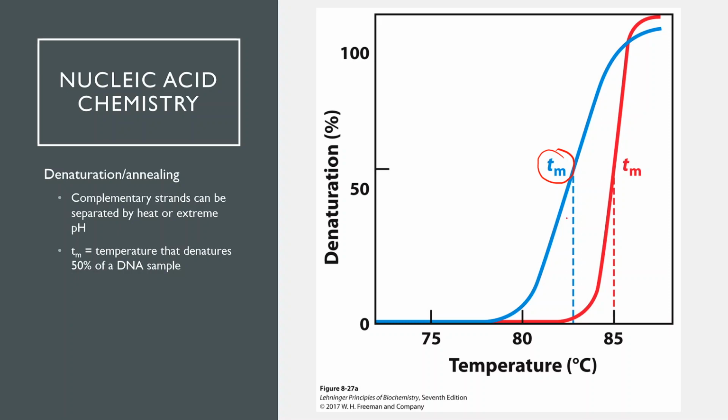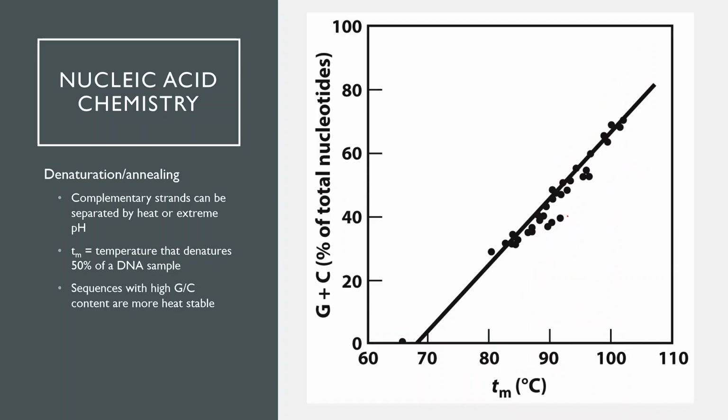And so the melting temperature is dependent on several factors. One is the length. So the longer a double helix is, the higher the temperature you'll need to get to melt it. Another thing, though, that affects melting temperature is the content of the bases. So it turns out that DNA sequences with a large percentage of GC base pairs will have a higher melting temperature than those with more AT base pairs.